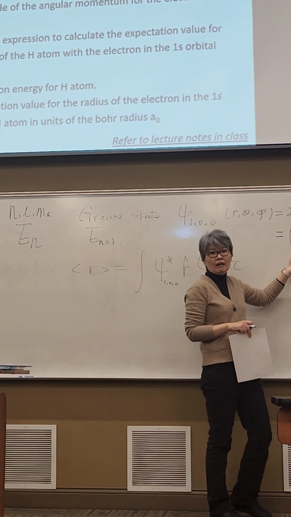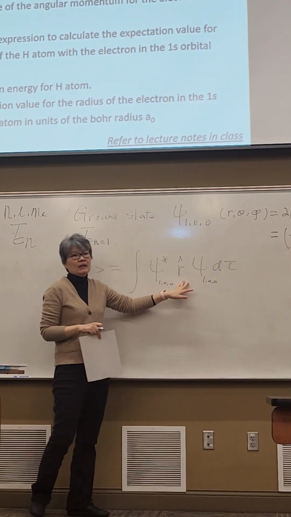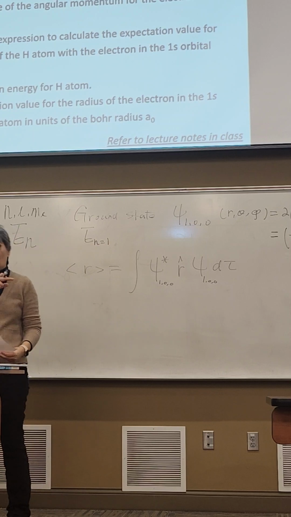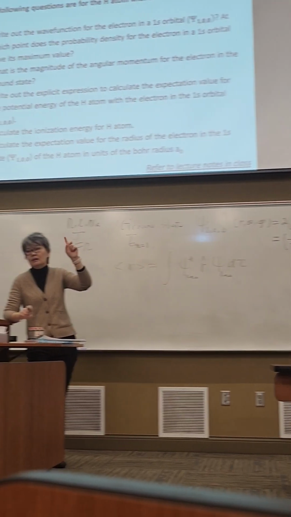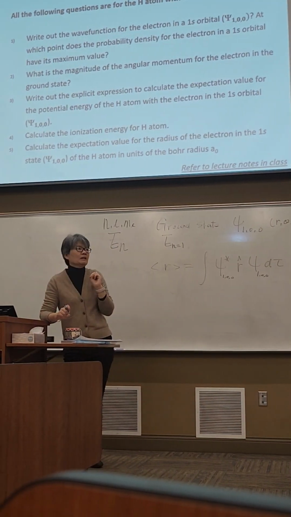Now we already know the wave function because it's the ground state. We already derived it. Now we need to figure out what the operator for the radius is. We said radius, x, y, z, the position operator, right? Quantum mechanics gives you two operators. One is the position operator. The second is the linear momentum operator.